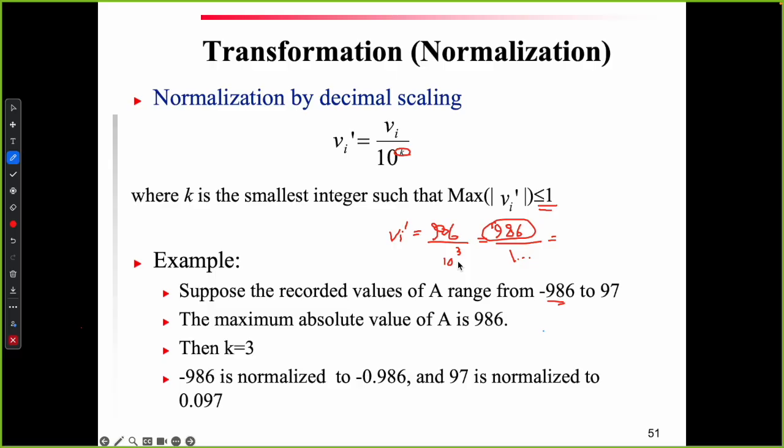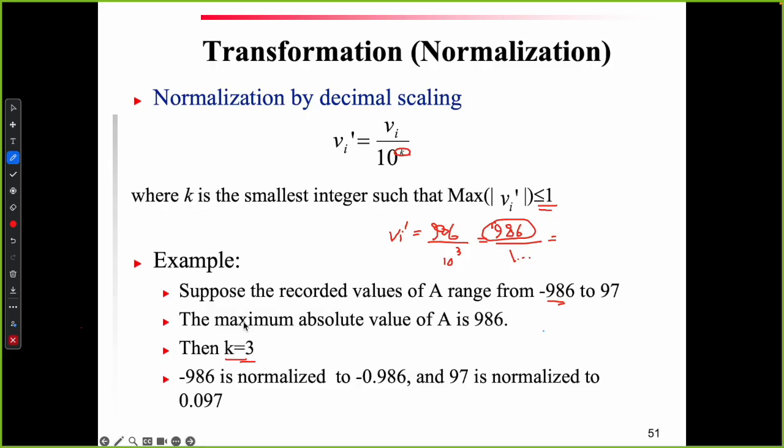If your data has a very large magnitude, like thousands or millions, and you want something cheaper than min-max or z-score, and you just want to quickly normalize your data in early data preprocessing, this is very helpful.